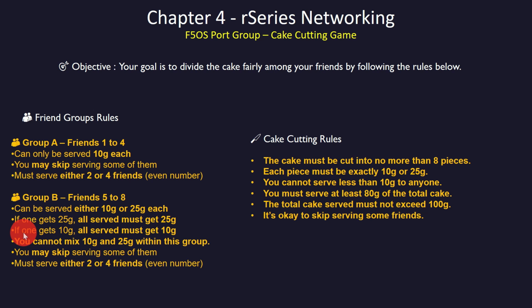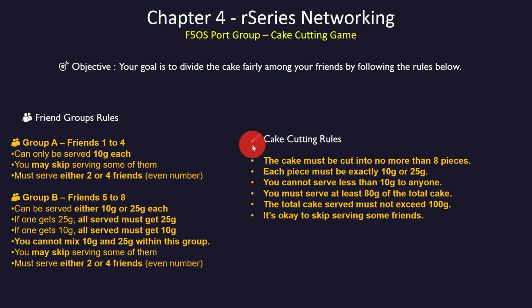Also, if you serve one friend 10 gram of cake, all served friends must get 10 gram. This means you cannot mix 10 gram and 25 gram within this group. You may also skip serving any of them. If you serve this group, you must serve an even number of friends, like 2 or 4.